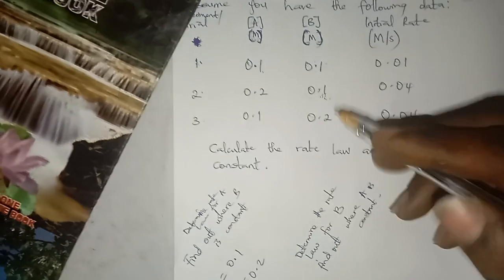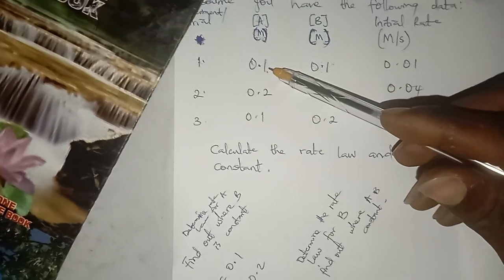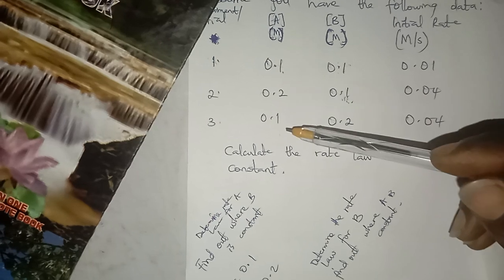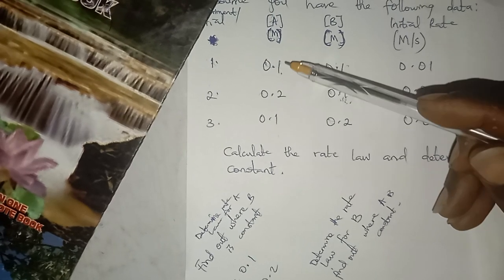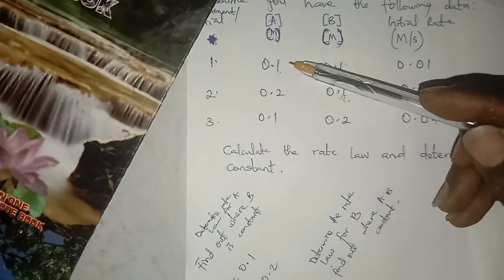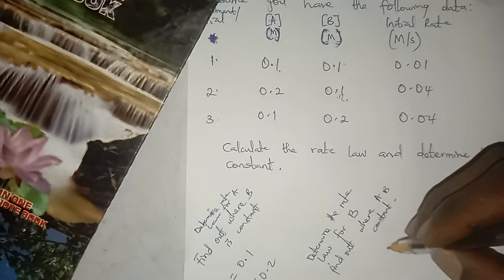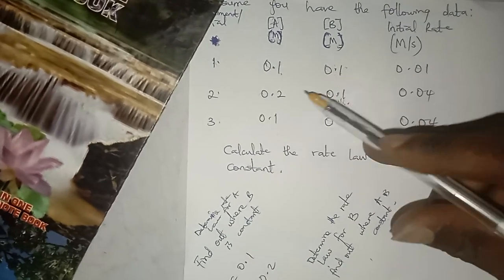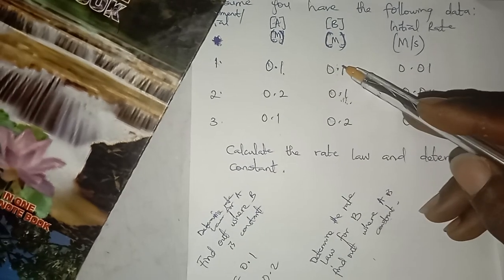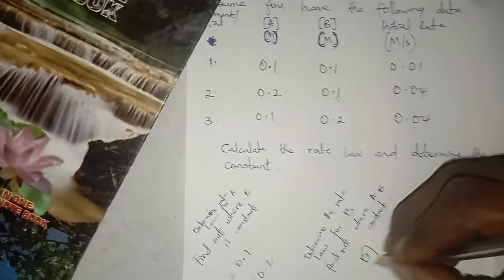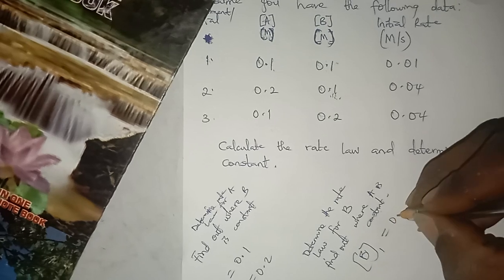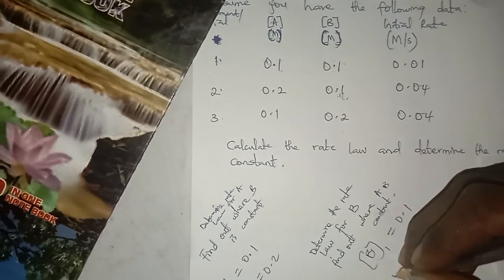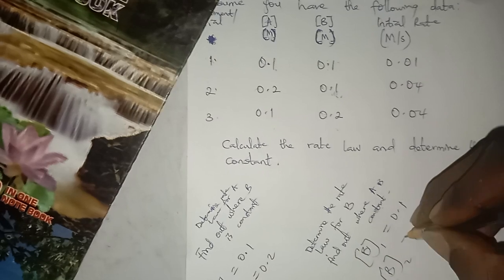Looking at this question, A is constant in the first and second experiment, because here you got 0.1, then you did the experiment at this third part and still got 0.1. So A is constant at these three places. That means that where A is constant, the concentration of B in the first place is equal to 0.1.